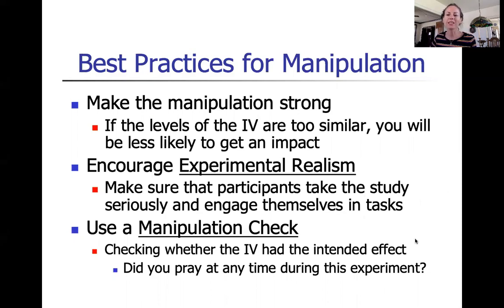And then finally, we want to check whether the independent variable had the intended effect. And I'm using a different example here, so let me talk about that. It was an experiment I did a while back to see if prayer before a test increases your test grades, right? And so we had randomly assigned people to either pray before a test or not pray before the test.